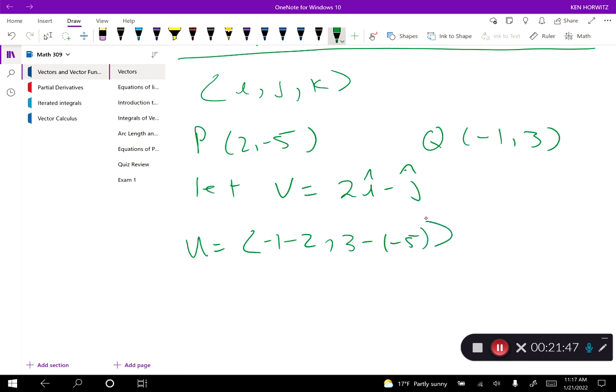So my vector u is going to be -1 minus 2 is -3, and 3 minus -5 is +8. There is my vector. You could write it this way, or you could write u equals -3i plus 8j. And this is called the linear combination. So you could write the vector either way.